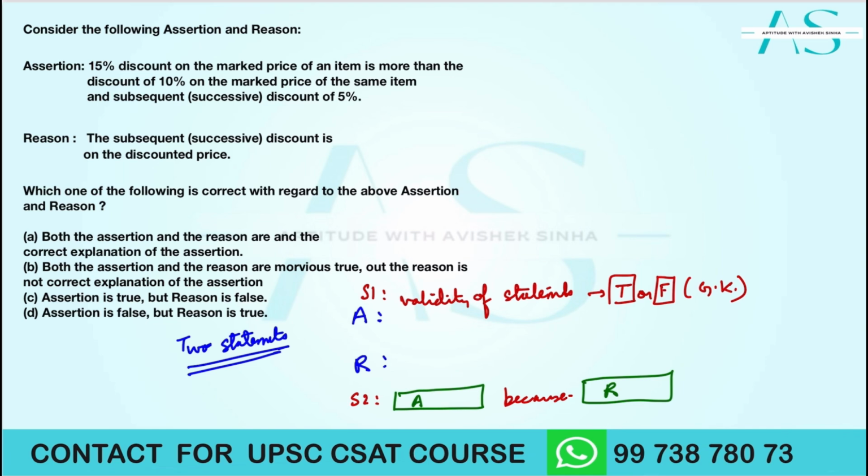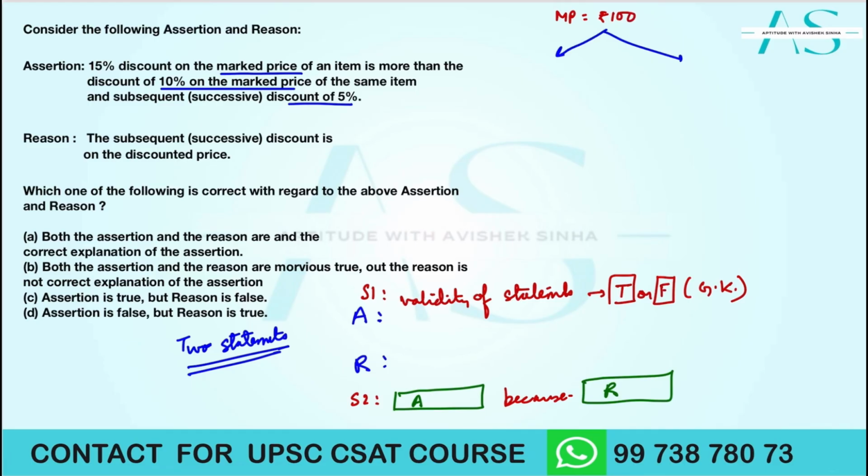Now, 15% discount on the marked price of an item is more than 10% discount and subsequent or successive discount of 15%. क्या बोल रही है? Let's say the MRP or the marked price of an article is ₹100. मैं ज़रा simple way में समझा रहा हूँ.